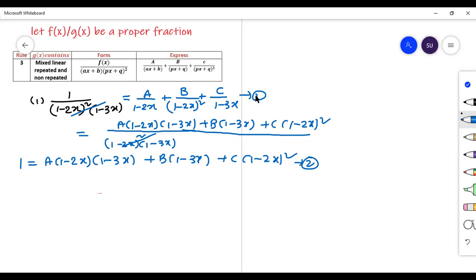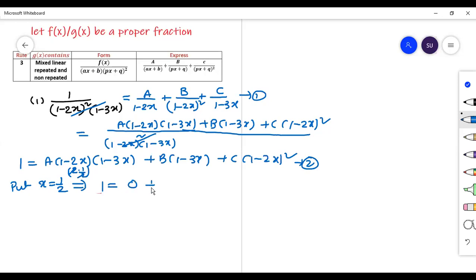Now how to do? First you just think about substitution only. Whichever value you can substitute so that the whole term becomes 0, like that we have to assume. Here suppose I put x is equal to 1 by 2. Here if I substitute x as 1 by 2, 2 into 1 by 2, the 2 cancels, 1 minus 1 is 0. Whenever you put x is equal to 1 by 2, left hand side there is no x, that's why write only 1.